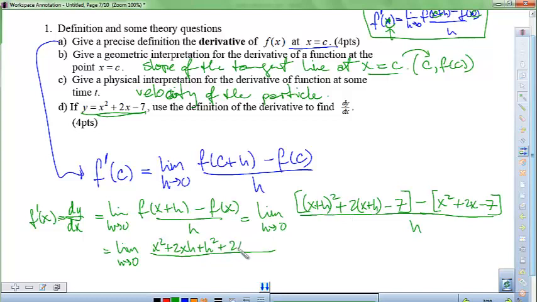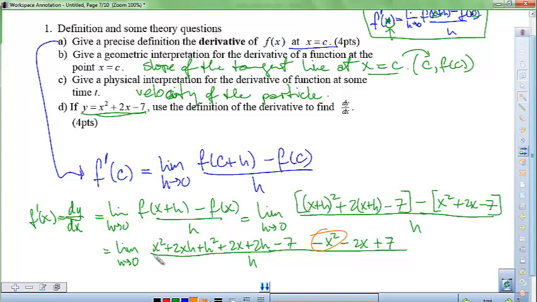We have a 2x plus 2h after distributing the 2 and a minus 7. Now this looks like I can just lift the parentheses and then distribute the negative sign. So I'll start off with an x squared negative, 2x negative, and then the negative 7 becomes a plus 7 after that got distributed. H in the bottom.